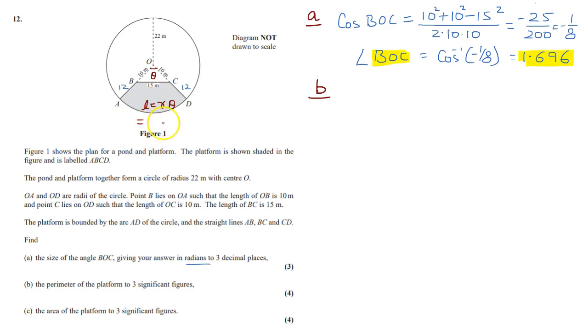So this length will be, radius is 22 and theta is 1.696. So that will be equal to 37.31.